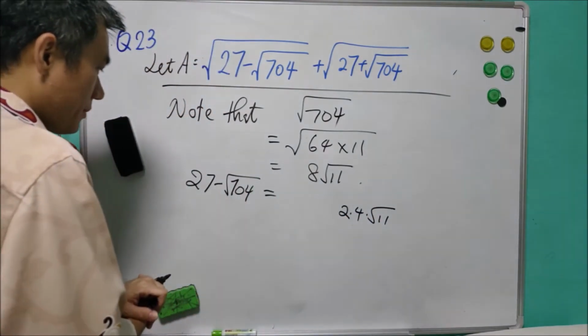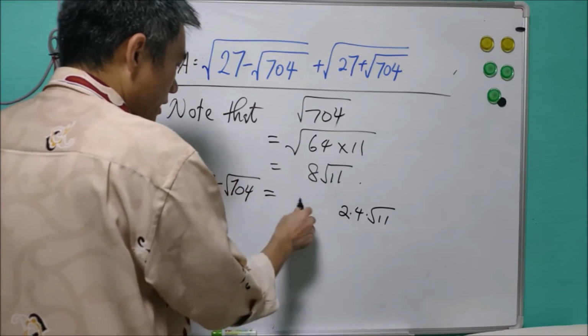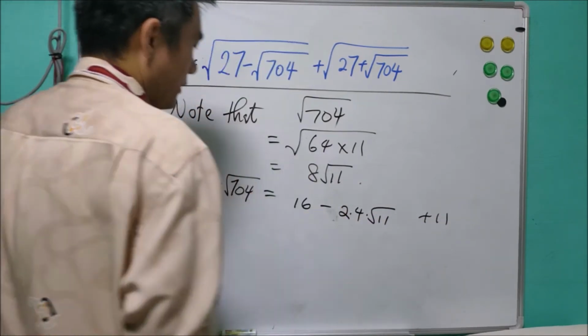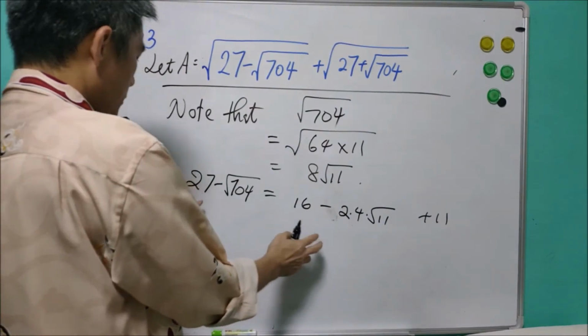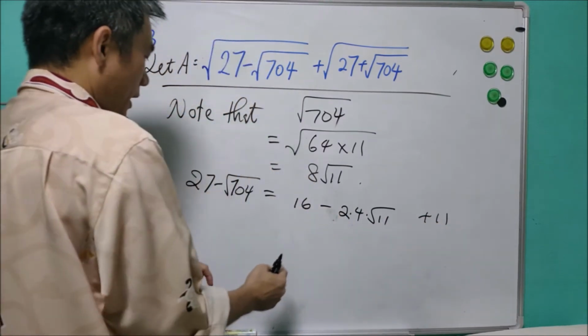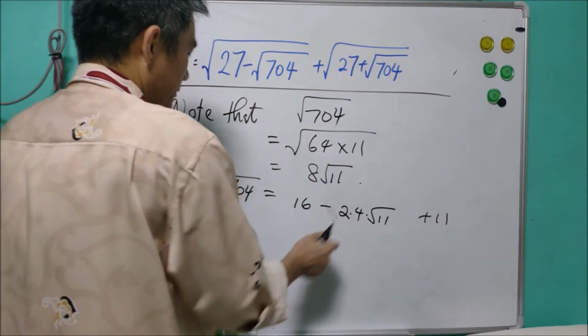And 27 can be written as 16 plus 11. Okay, so write 27 as 16 plus 11, and write 8 as 2 times 4.